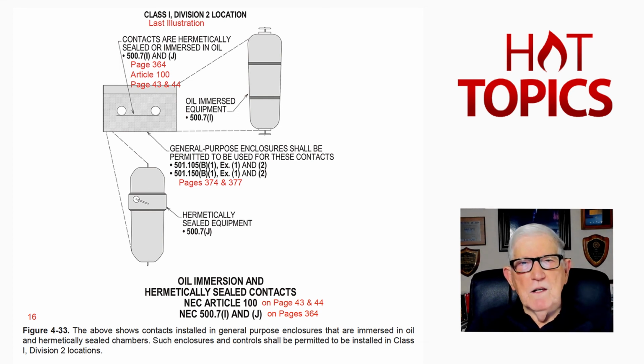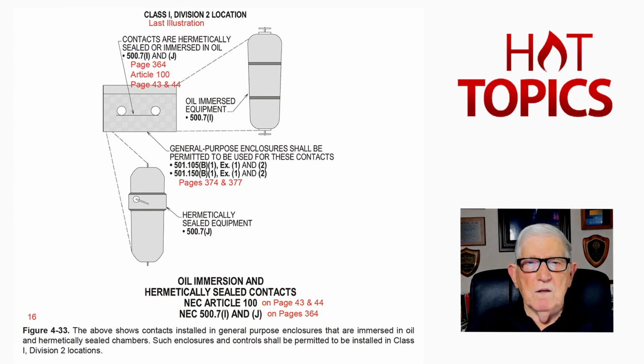So notice we can use intrinsically safe circuitry in Class 1 Division 1. We can use non-incendive in Class 1 Division 2. And all emerged contacts, taking care of the contacts, they can be used also in accordance with 501.105b1, looking at the exception that pertains to it on page 374 and 377.